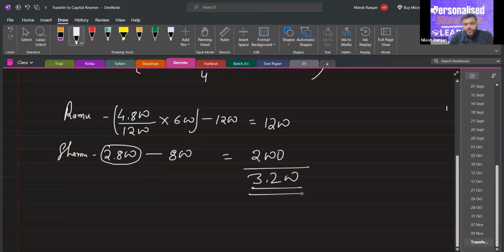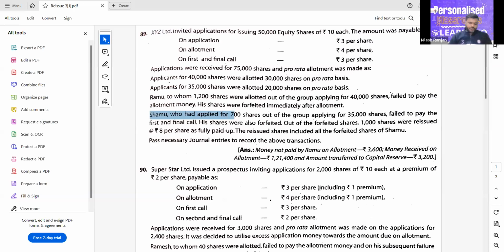Okay. Whenever this type of question comes, first you calculate the amount to be transferred to general capital reserve for those shares which have been fully reissued.